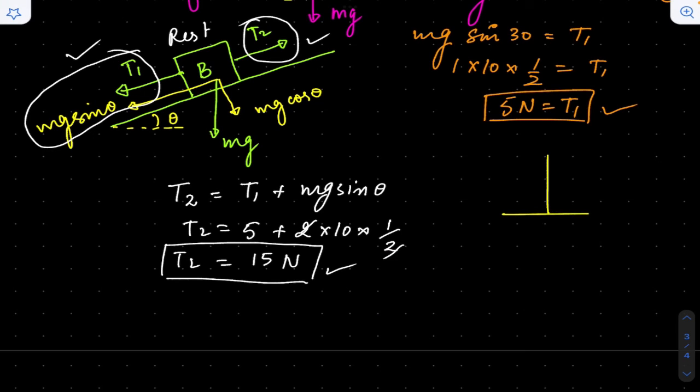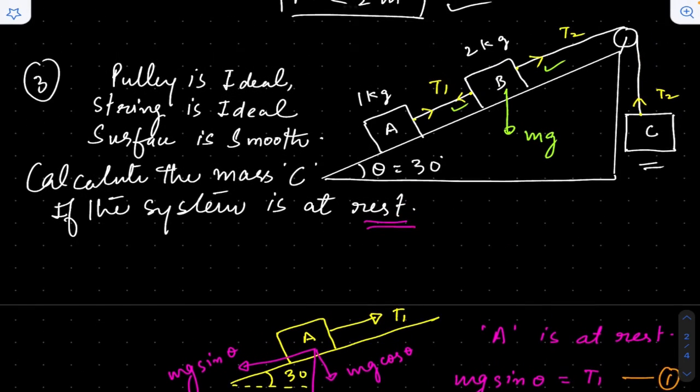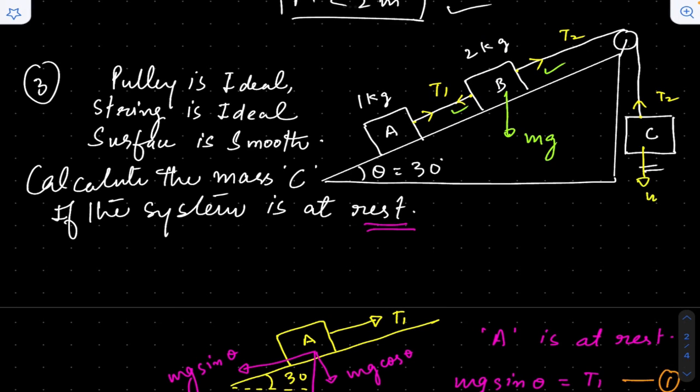This is block C. We do not know its mass, let us say it is capital M, so the weight is Mg, and the tension T2 is acting upward. You can see the diagram here. Mg is in the downward direction and T2 is acting upward.